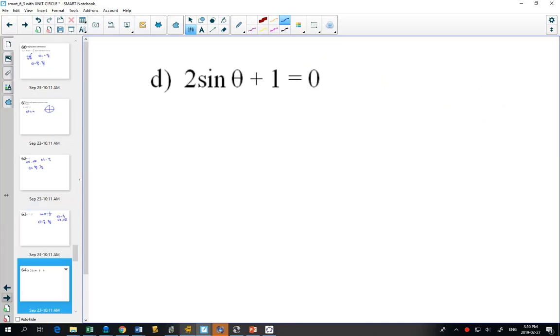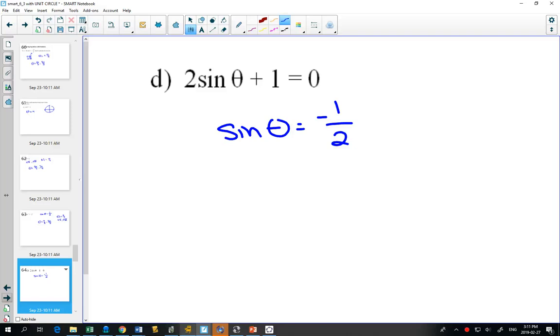Part D, the equation's a little bit all on one side, but you could use your algebra skills. Can you see that you could subtract 1 on both sides, then divide both sides by 2, so that you could get sine of theta all by itself? So I'll give you a 10-second head start on this one.